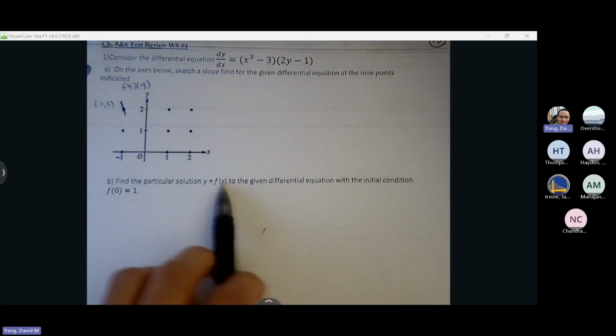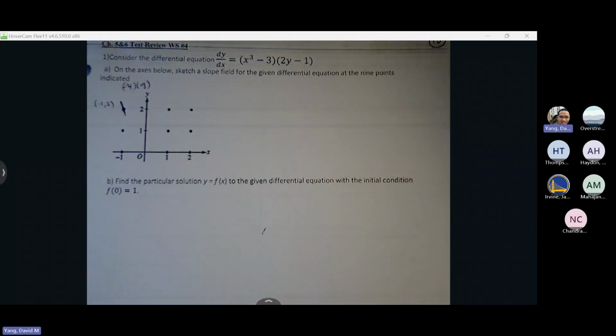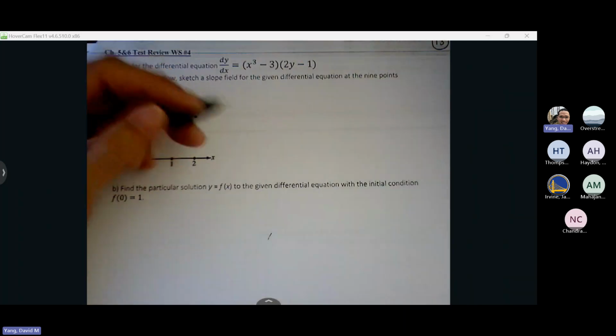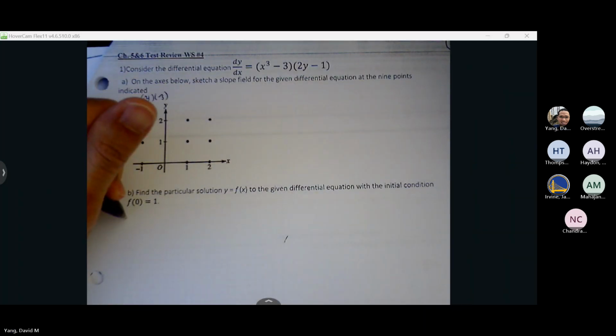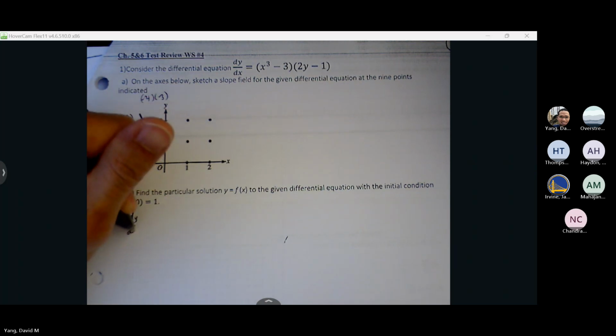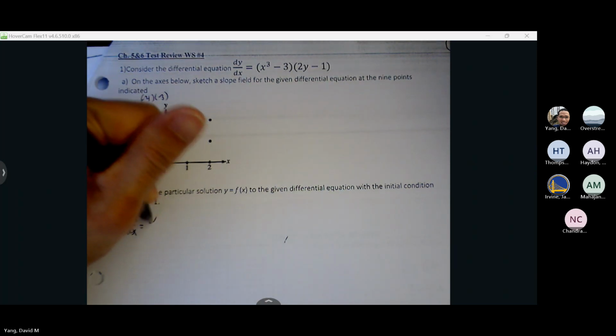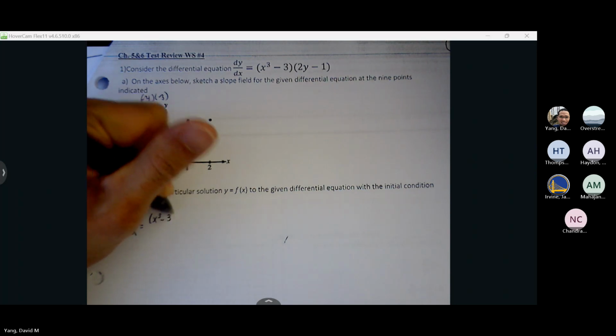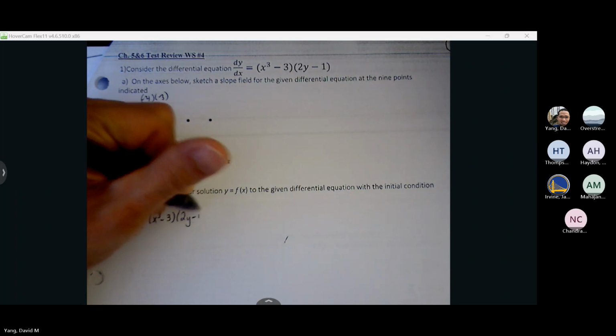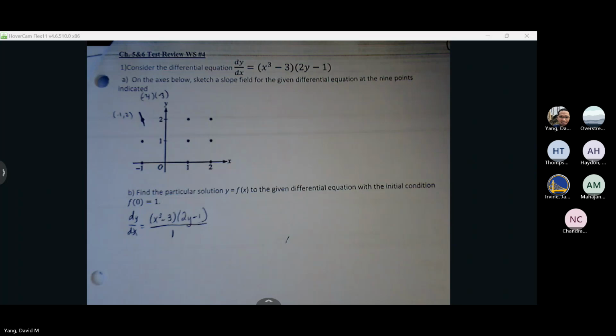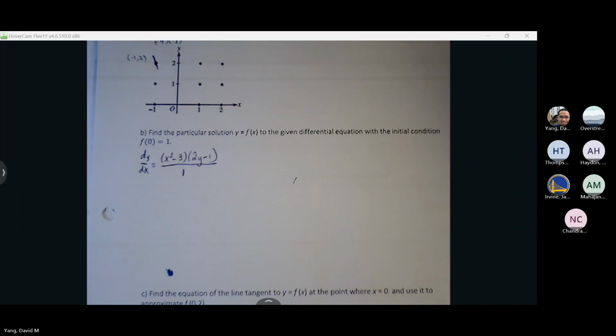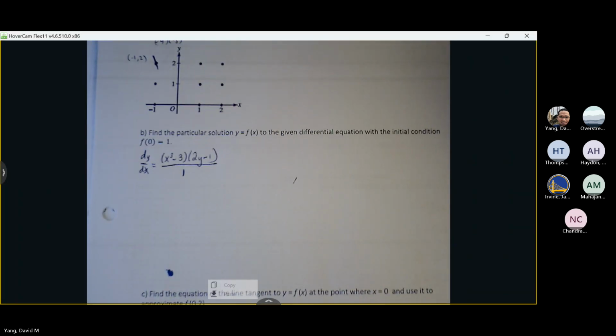All right, part B, find the particular solution. So we know we have to solve this differential equation. We have to go through our full process: separate our variables, take the antiderivative, solve for C, solve for y. All right, cross multiply.